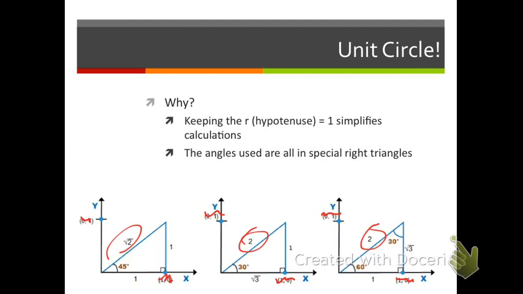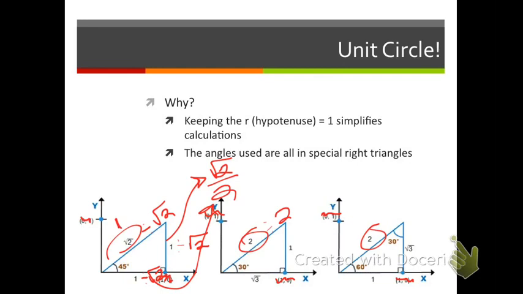So basically, to make this equal to 1, I'm going to divide each side by root 2. And then I'm going to have to rationalize this. So the two legs become root 2 over 2, whereas the hypotenuse becomes 1.